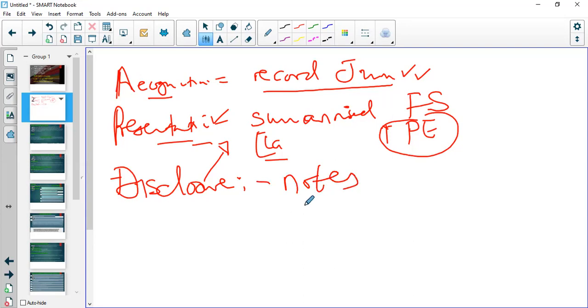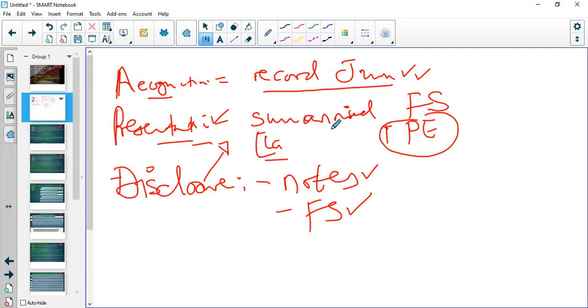We can also disclose in the financial statements, like I said. So when you come across a question that wants you to disclose, you need to pay attention: where are you going to disclose that? If the question is silent about where to disclose it, then you consider disclosing it in the notes as well as the financial statements.